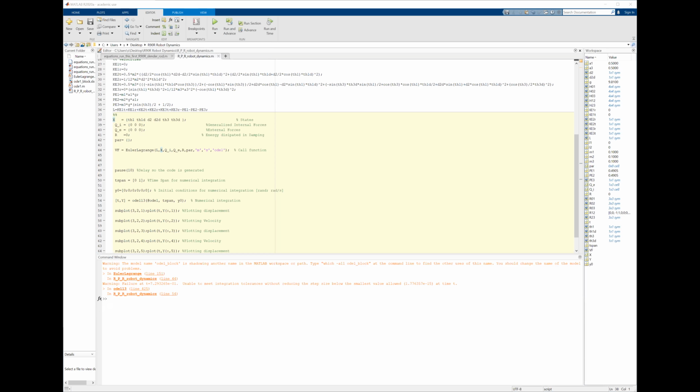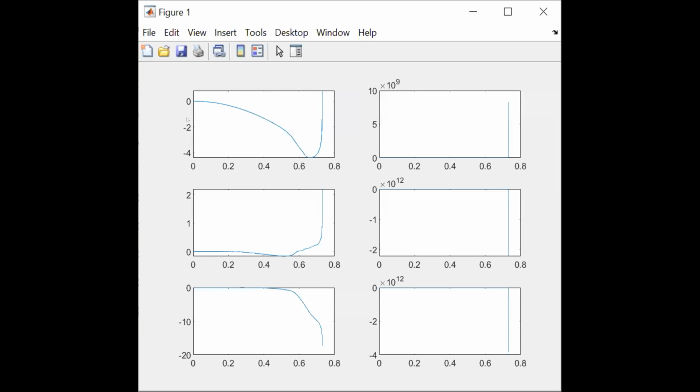If you look at the plots, one thing I want to tell you is that this robot is unstable. And that's why when you look at the plots, you are going to see very large numbers on the velocities.